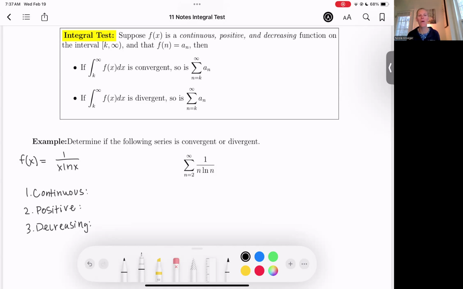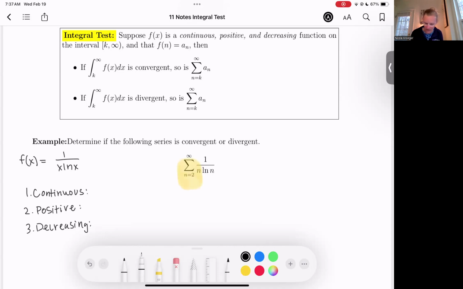So let's think about why this function is continuous. This function has a denominator in it, so the place that it might not be continuous is where the denominator is 0. The denominator is going to be 0 at x equals 0 and also at x equals 1, because the natural log of 1 is 0. But we notice that our function is going to start at 2.